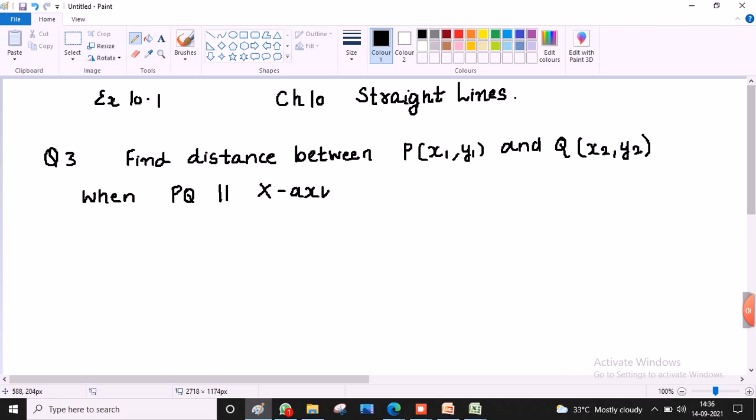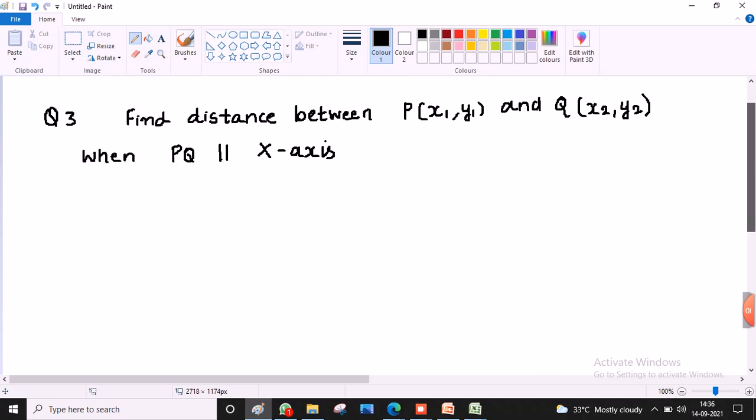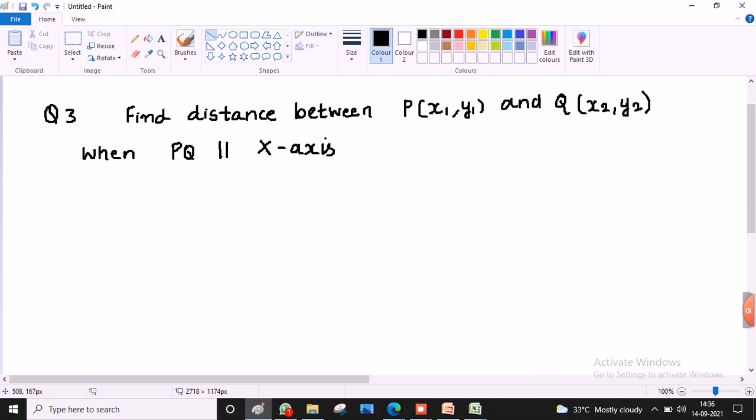This is part 1. So let us see what happens when a line is parallel to the x-axis.